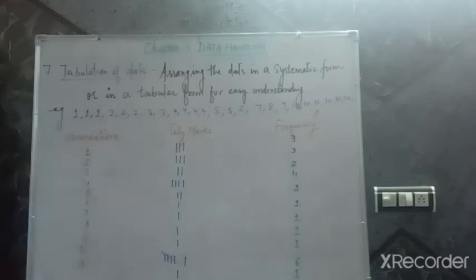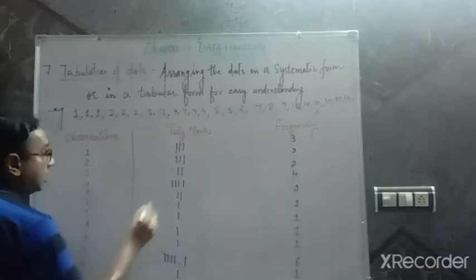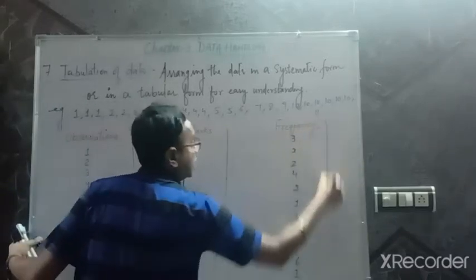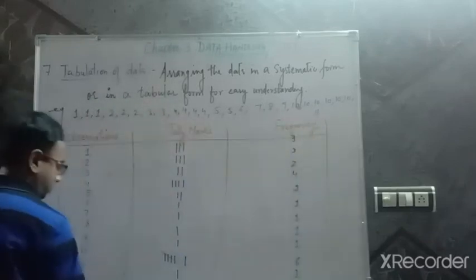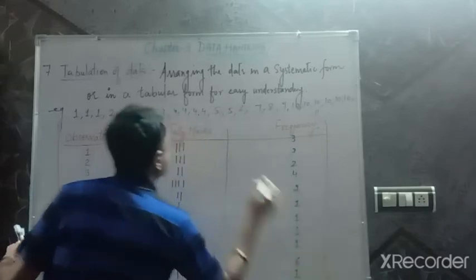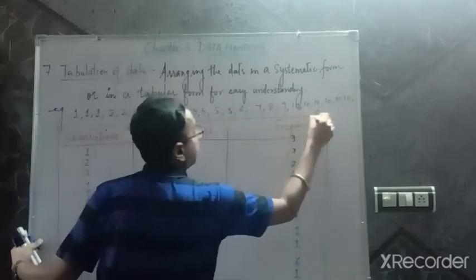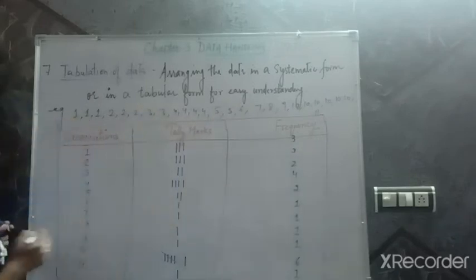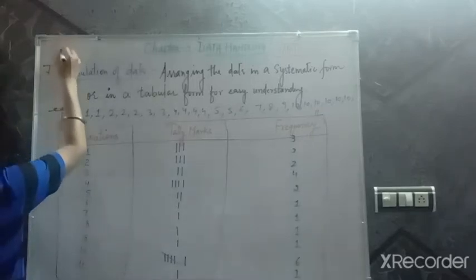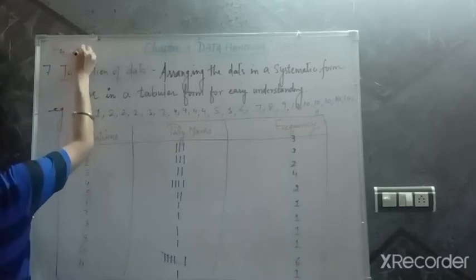This particular thing, if I put vertical bars and represent it in the tabular form, this is very important, it is known as a frequency distribution table.